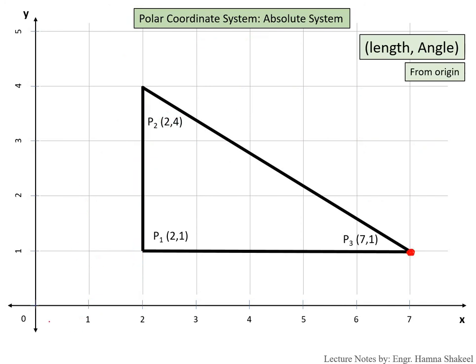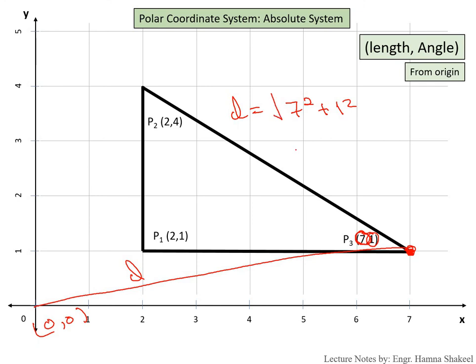For point number P3, to find the length, again you can use the formula: 7 minus 0 will be 7 square plus 1 minus 0 will be 1 square, because the origin is 0, 0. Under the root, L is equal to 7.07, and the angle will be equal to tangent inverse of perpendicular by base.